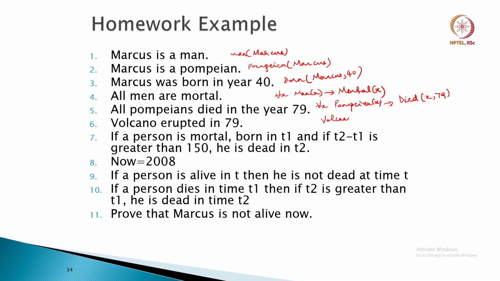Volcano in the year 79, right? Or we could say erupted volcano in the year 79, etc. So you can continue doing in the same way and then convert it into conjunctive normal form, and finally add not alive Marcus now.